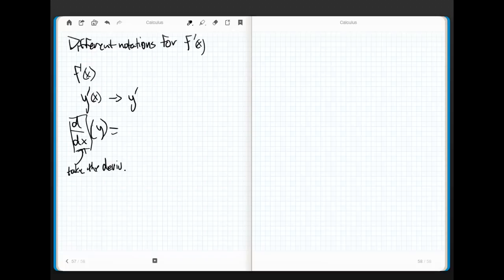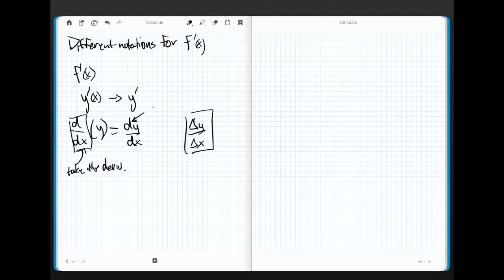Now think of this not as some weird notational thing, but as an algebraic construct. When we're done, we end up with dy over dx, which, if you look at this, doesn't this look very much like delta y over delta x, right? They're really similar. This is the geometric construct for slope. This is the Leibniz construct for derivatives.